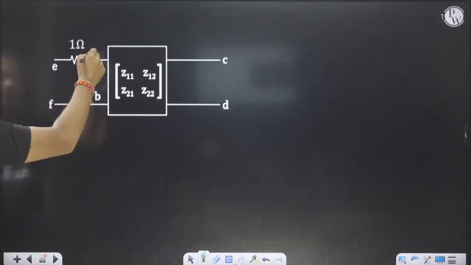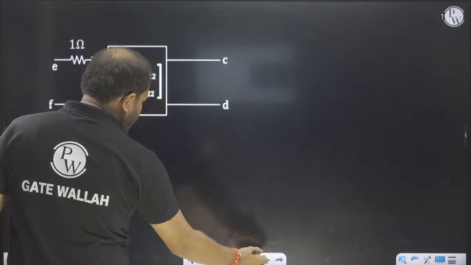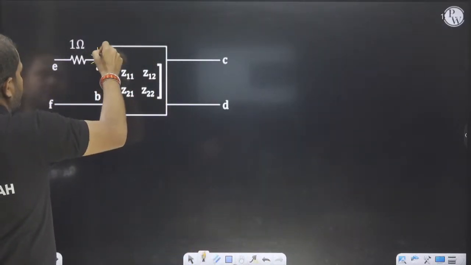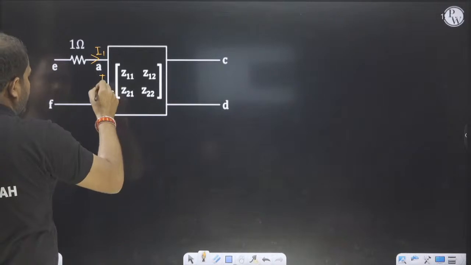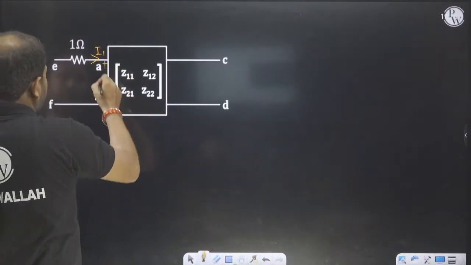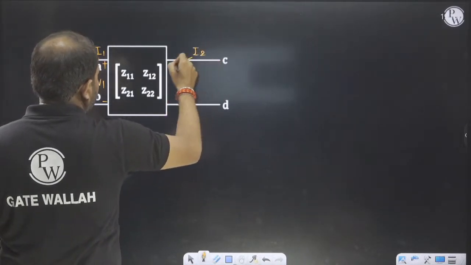So what I will do, this one is I1. The current is the same for both networks. With respect to AB, this one is I1, this one is V1, and this one is I2, and this one is V2.